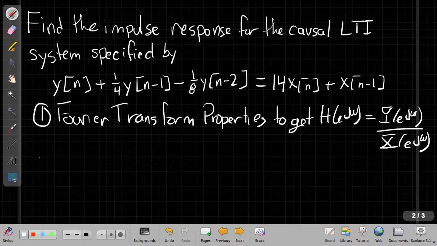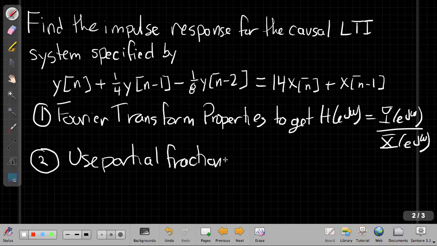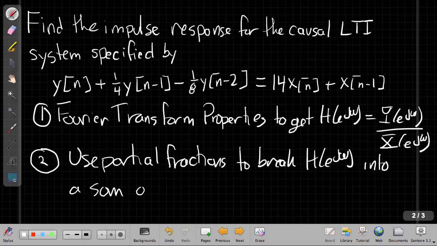Once we have that, the second step in our approach is to use partial fractions to break h of e to the j omega, the frequency response, into a sum of first order terms.